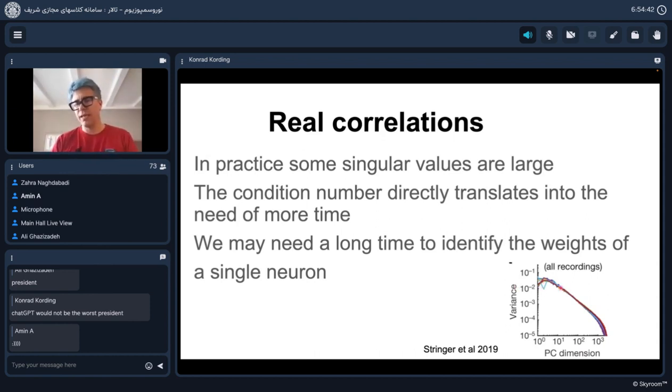And there what you see is that it looks like, in good approximation, a power law. It's linear in log space. On this axis, you see the small singular values are a factor 1,000 smaller, maybe more, depending. And this was recorded from a relatively limited number of neurons. So the small singular values are very much smaller than the biggest singular values.